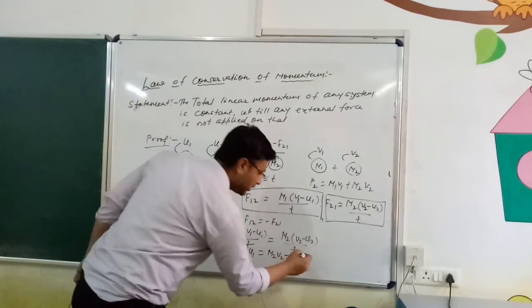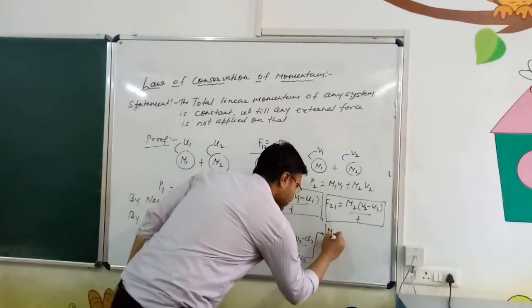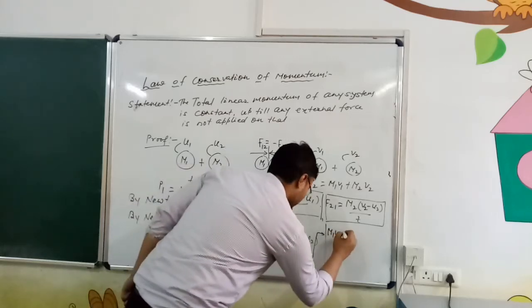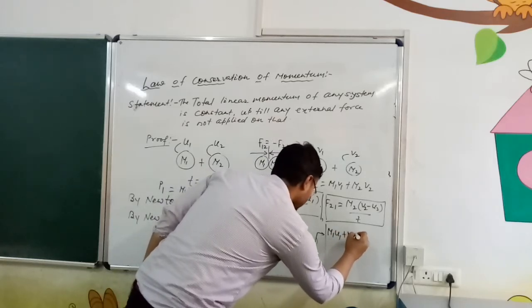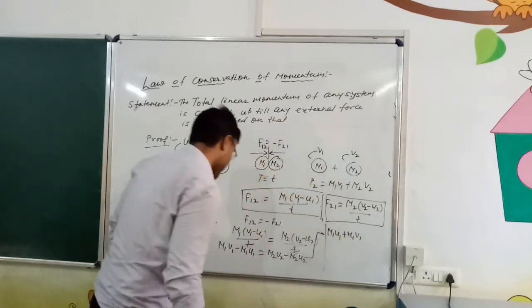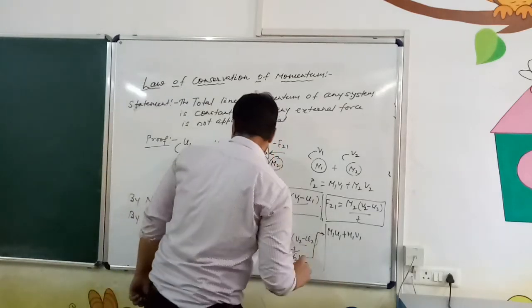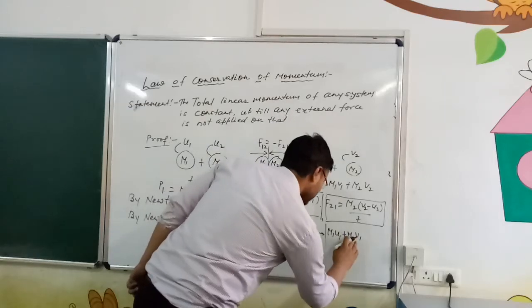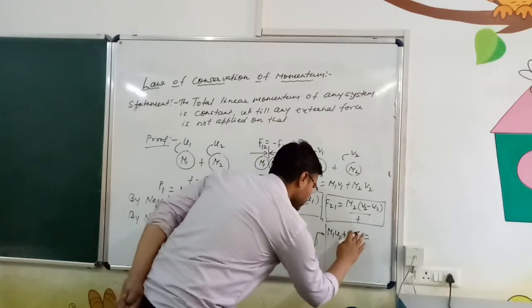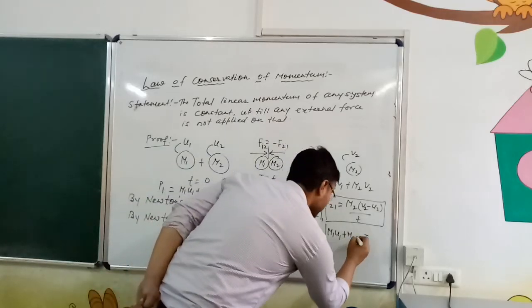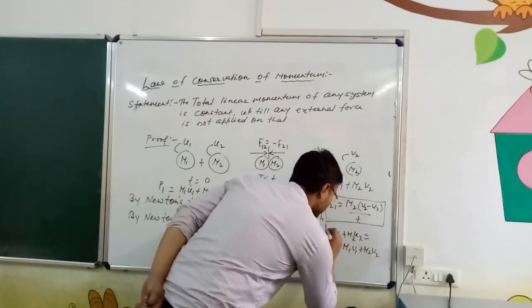Rearranging, we get m1 u1 plus m2 u2 equals m1 v1 plus m2 v2.